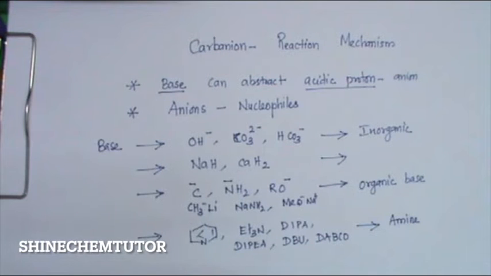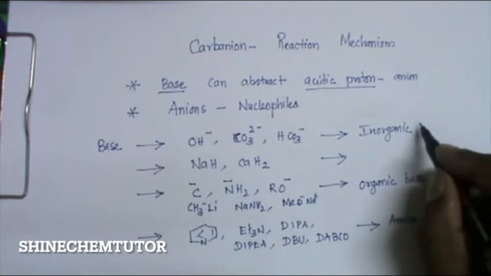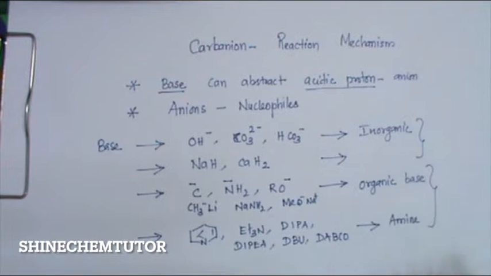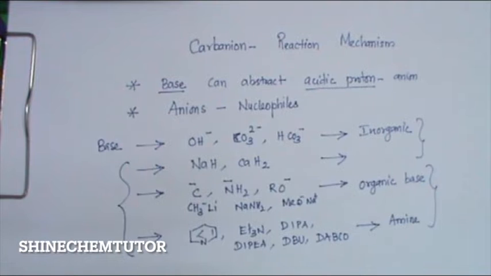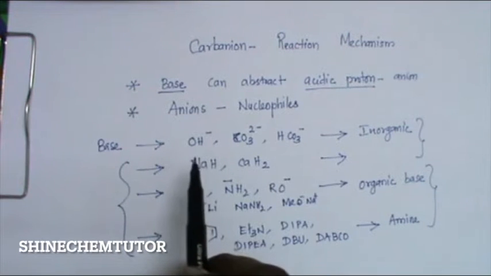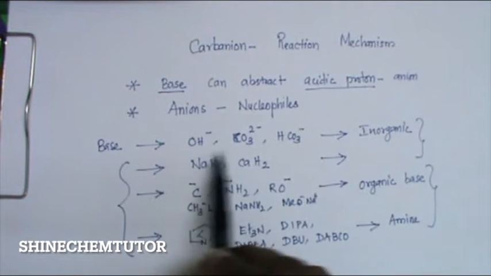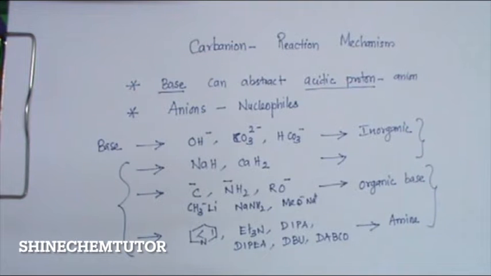So we have these four types of bases. The first two are inorganic, the second two are organic. In general, when the reaction is carried out in aprotic solvent, we go for these three bases. In polar aprotic solvent like THF, these salts will be insoluble. Because of that, the reaction will not be favored.